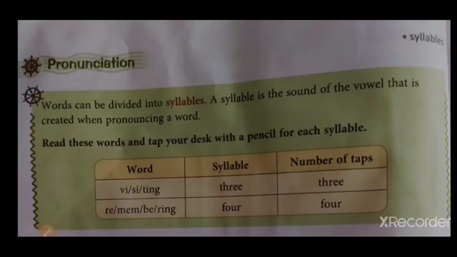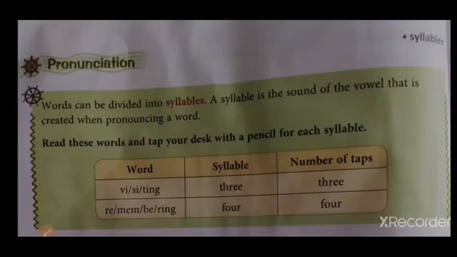For example, look at the word visiting. It has three syllables because it has three different beats. It has three different sounds: vi-sit-ing. So instead of tapping your desk with a pencil, we can clap three times.